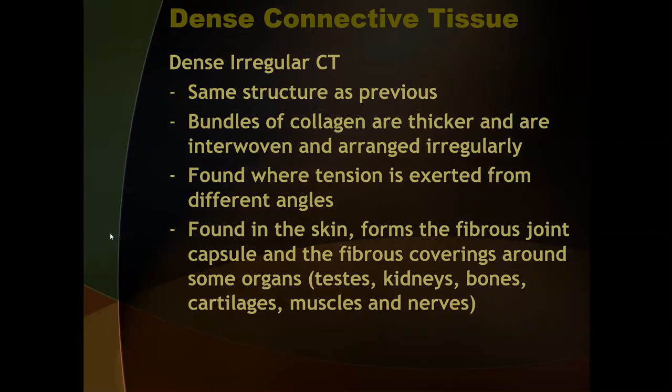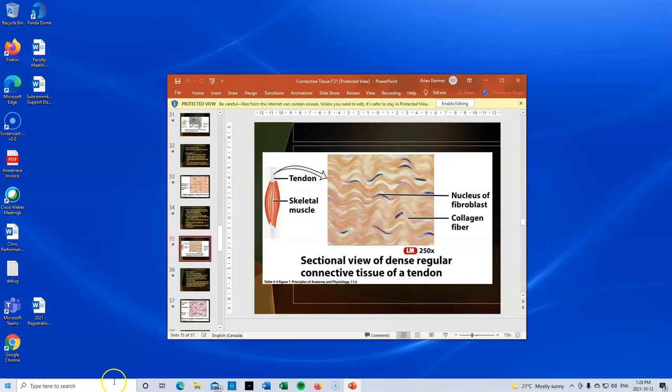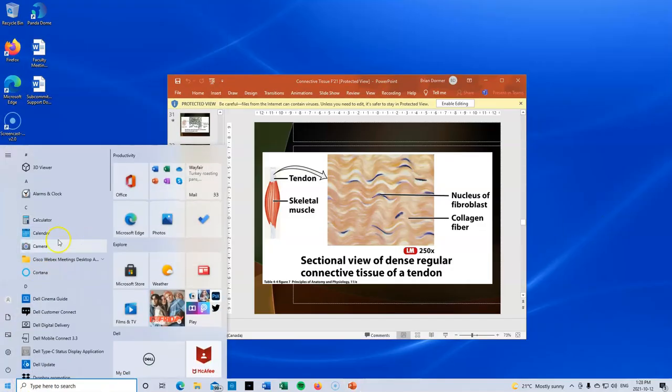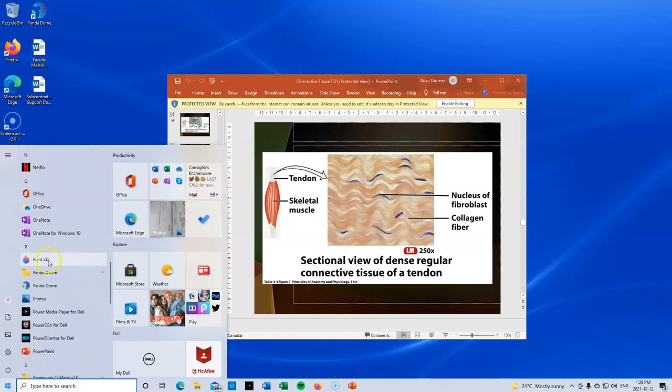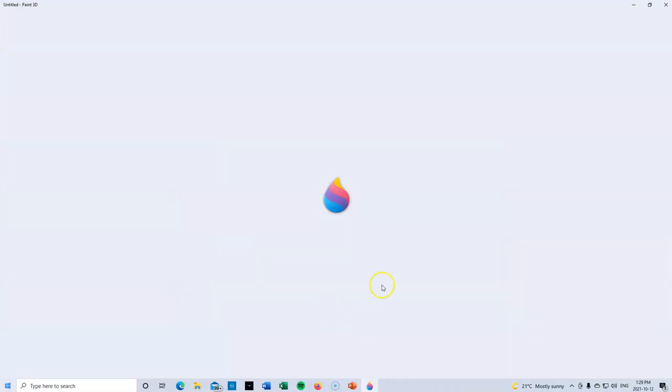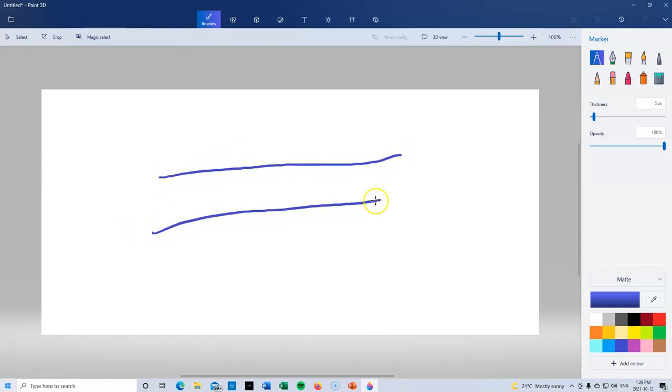Now, maybe the one thing we could think about is, when I talk about stretch or strength in one direction, it's important to understand regular, and then what we're about to do is look at irregular. So if we take a tendon running this way, we're saying that the fibers run in bundles.